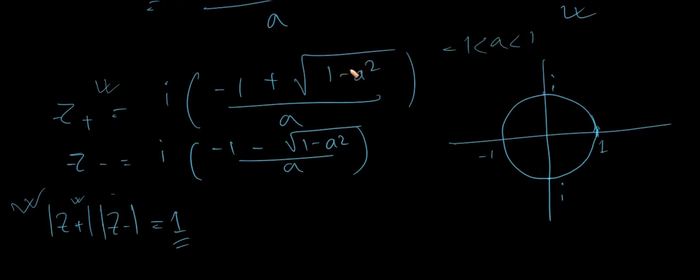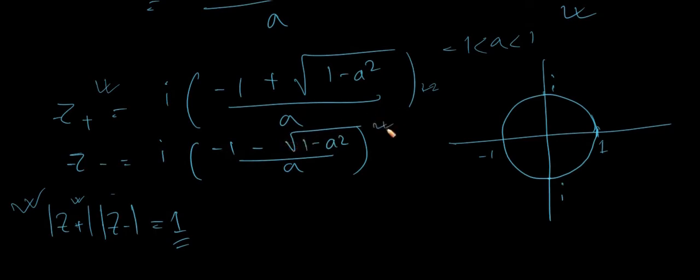And you have this minus 1 plus some positive quantity over here. At the same time, I don't care about the denominator so far, but it will be useful a bit later. And in the z minus, you will have a minus 1 minus a positive quantity. Okay.